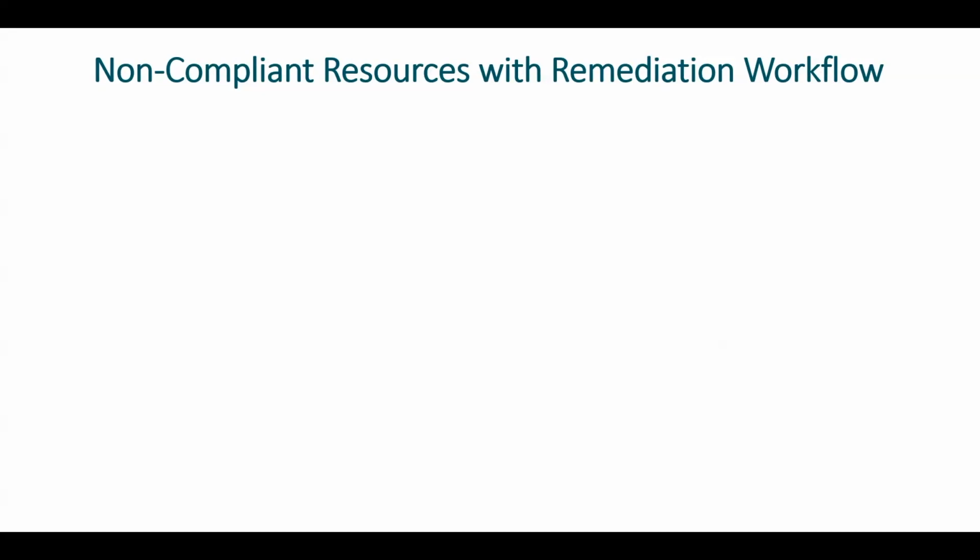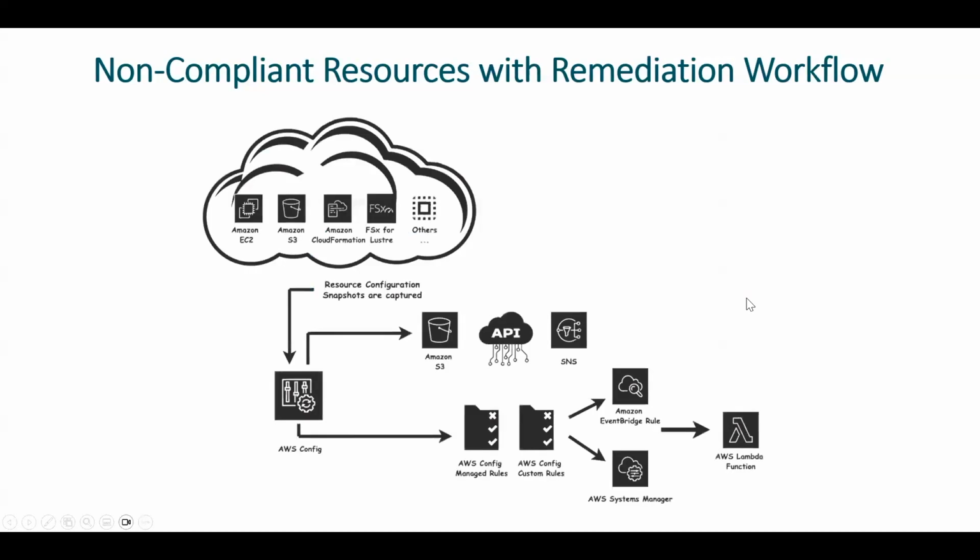So what would be the remediation in this case? Remediation in this case could involve configuring the RDS instance to use KMS encryption and enable automated backups. So how can this be achieved? This can be achieved in two different ways. As we have already understood, AWS Config records configuration snapshots, and those are captured and stored in an S3 bucket.